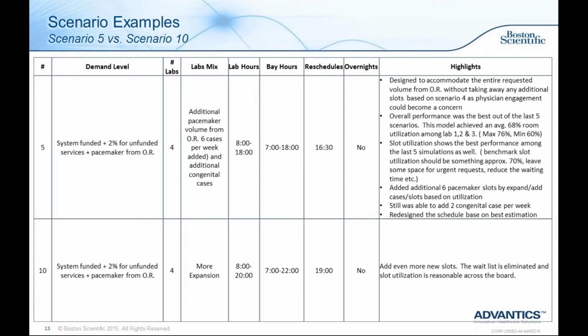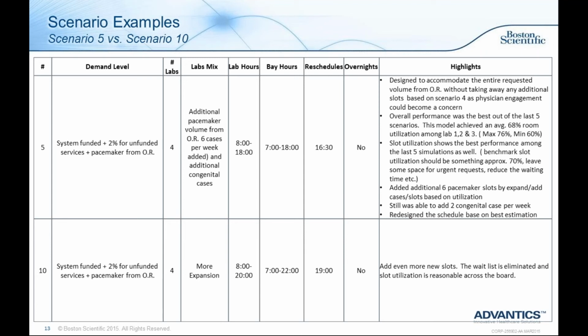However, the leadership team has decided not to be that aggressive, and they want to implement scenario 5 first to realize some quick results. By doing scenario 5, you can see that it's designed to accommodate the entire requested volume, and adding some more from OR, and the overall performance would bring their room utilization to a higher level.